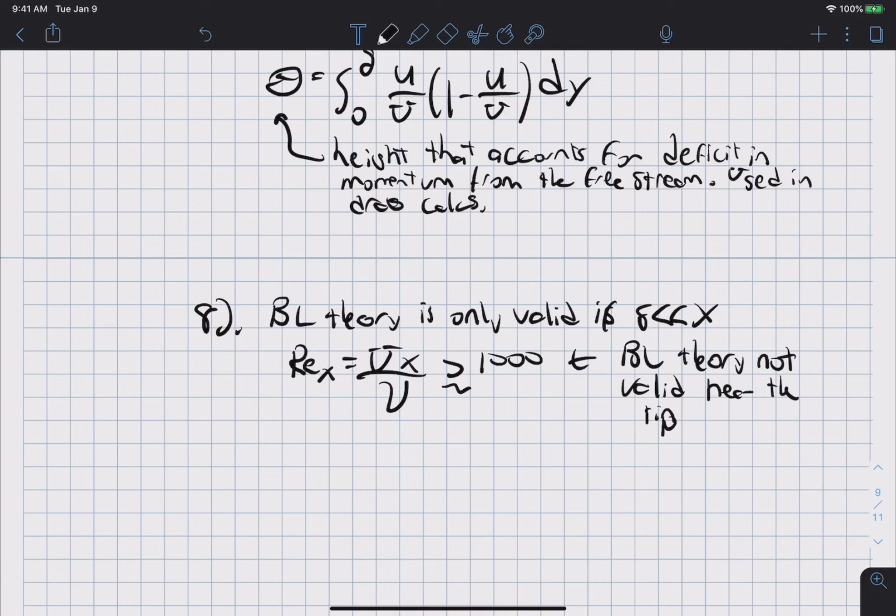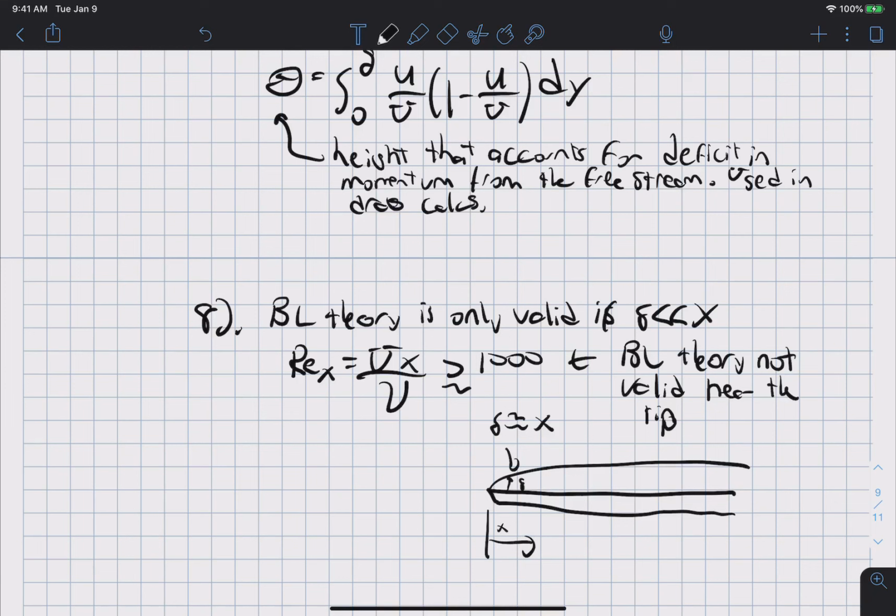And why is that? Because if I draw the flat plate, and this would be x, and I draw here delta, in this region here, delta is approximately on par with x.